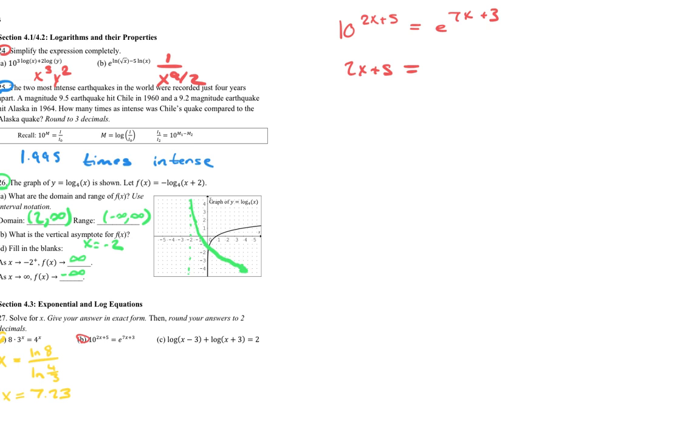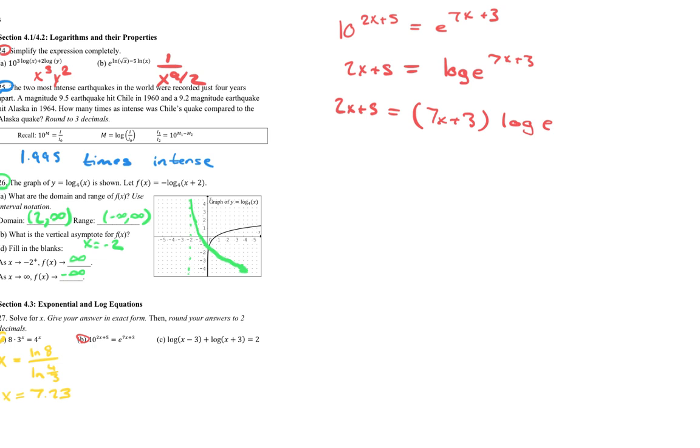Then the right side, we're going to have log of e to the 7x plus 3. And if we have an exponent, we can just take that and bring it out front. So we're going to have 2x plus 5 equaling 7x plus 3 times log of e.